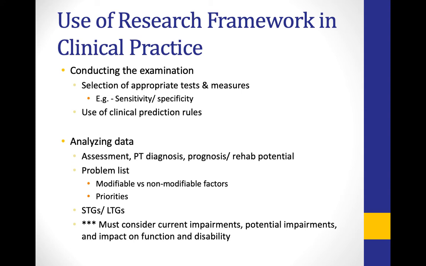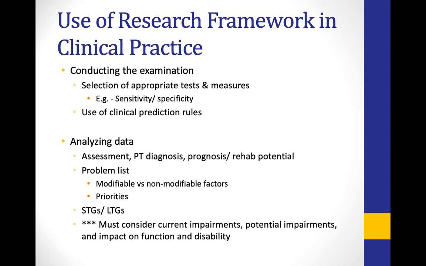As we conduct our exam, evidence can assist our selection of appropriate tests and measures. The use of clinical prediction rules can also help us consider how well someone may respond to the proposed treatment. Finally, when using a research framework in clinical practice, we analyze the data we have collected to determine the patient's prognosis, diagnosis, and rehab potential, similar to the way that researchers summarize and present the results of a study.